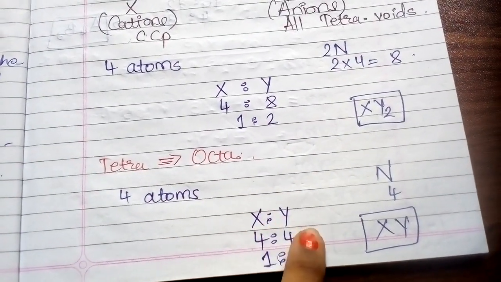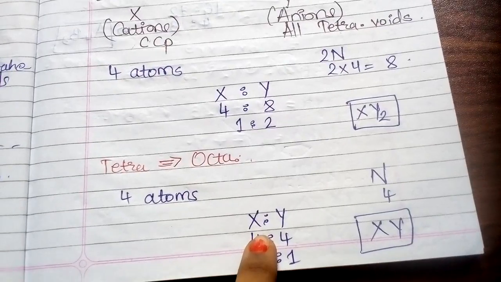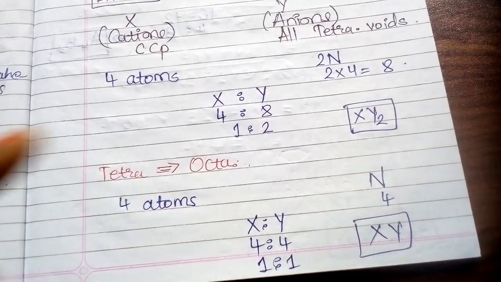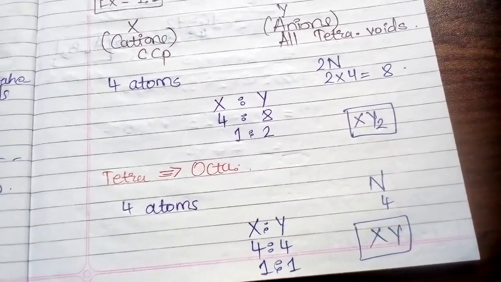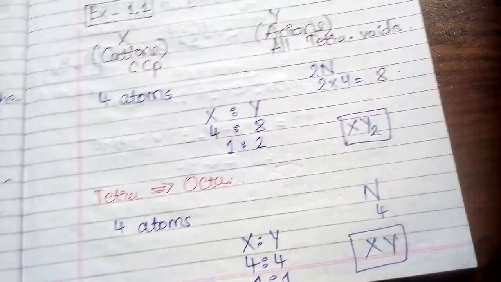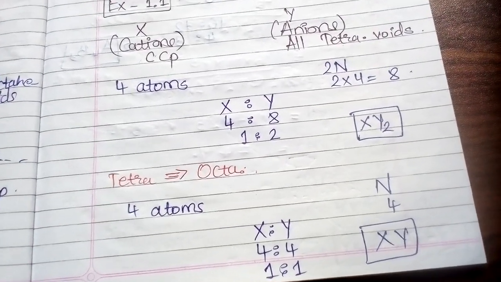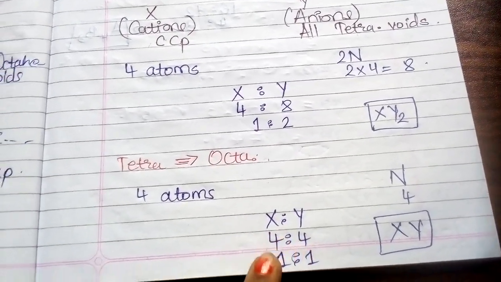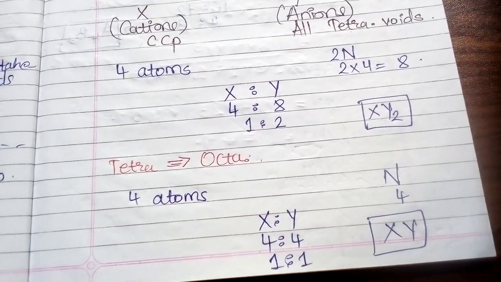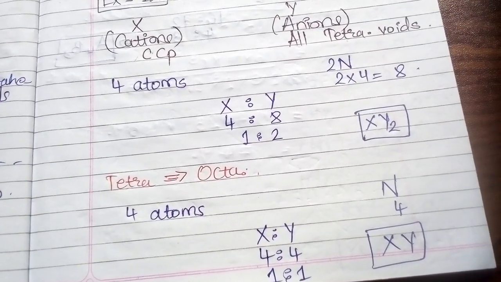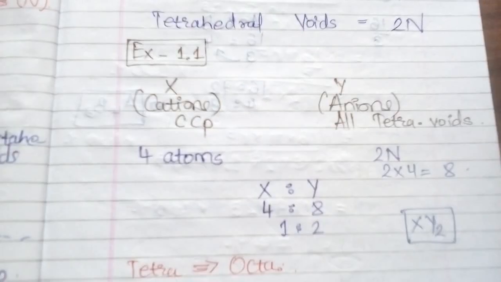So here X to Y. X is going to be 4, if I take n as 4, because close packed structures are nothing but n itself, so it becomes 4 again. So here it's 1:1 and it becomes XY2. How does it become XY2? Wait a minute, let me show you.